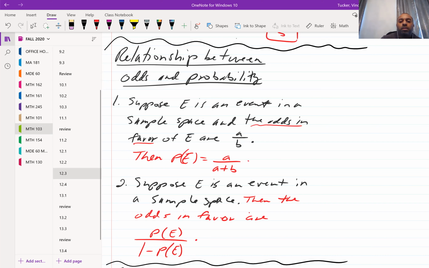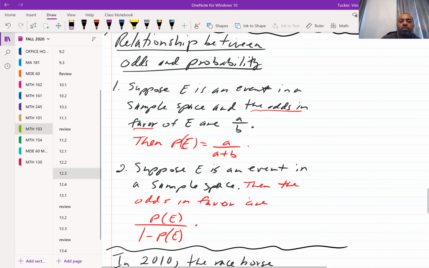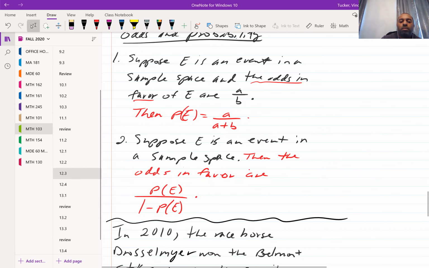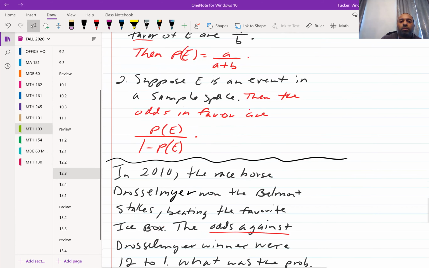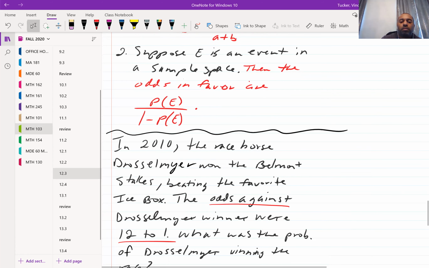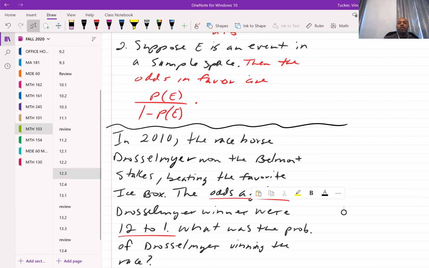All right, we scroll up. All right. So in 2010, the racehorse Drosselmeyer won the Belmont Stakes, beating the favorite Icebox.